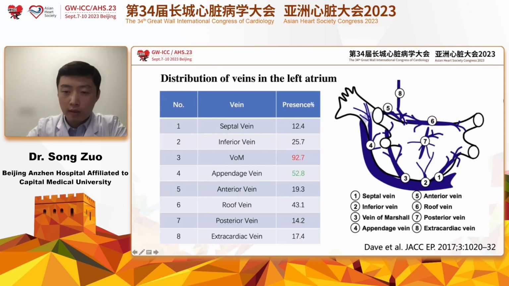The last one is the extracardiac veins. From this table, we can see that the vein of Marshall has the highest presence of 92%, and the second one is the appendage vein, with about 52% presence.